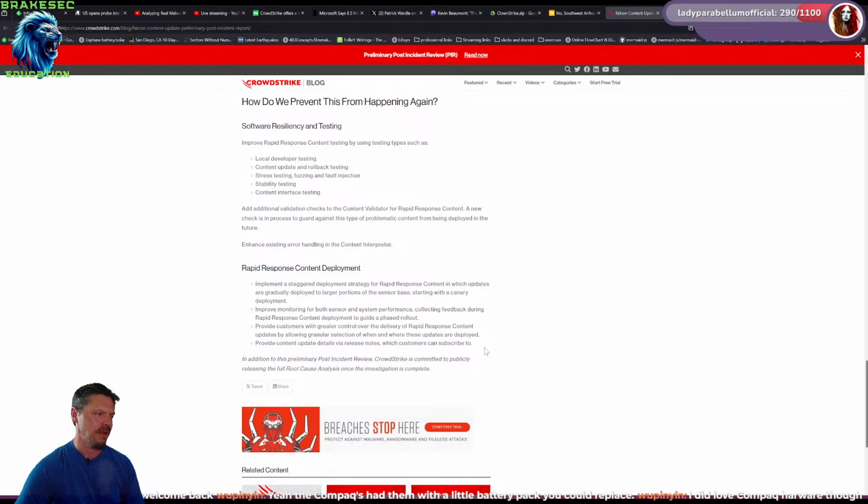I thought perhaps you could already opt out of rapid response content deployments, but maybe they don't have that ability yet, or maybe you can say we want to push this only to certain boxes. Maybe we want to push this to our own test network, and we want to test it on our own environment because we don't trust CrowdStrike, before we push it out to our own fleets.